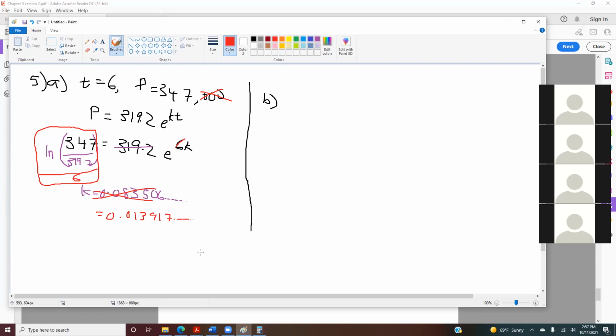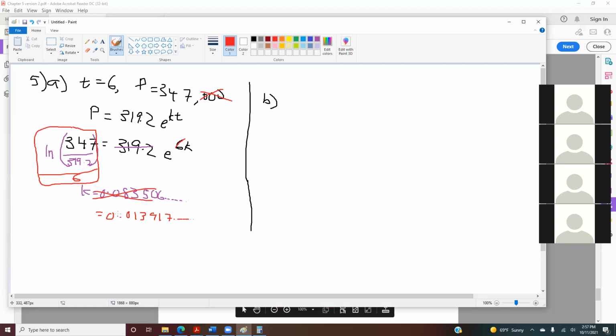That's the number you get when you do ln of 347 divided by 319.2, before dividing by 6. I'm going to tell you guys right now that when you do this in your test, make sure you do all the division and all the ln, everything, so K is by itself.